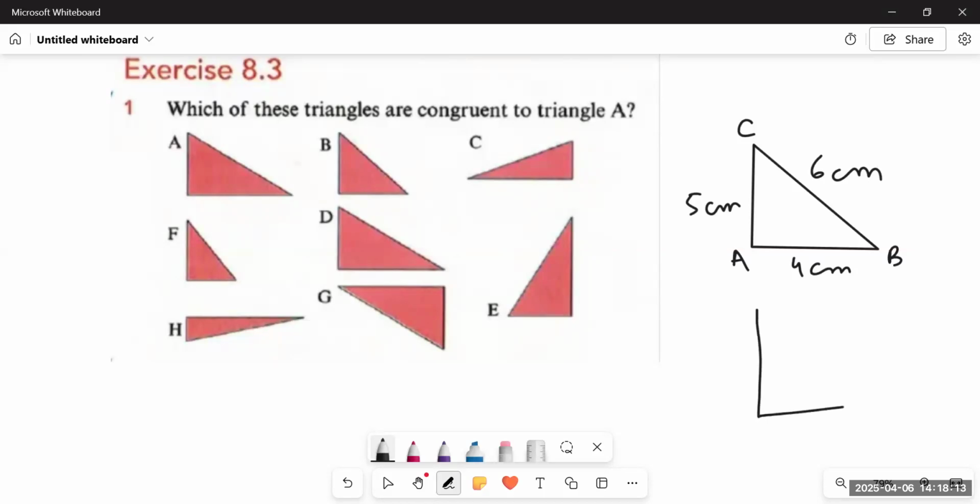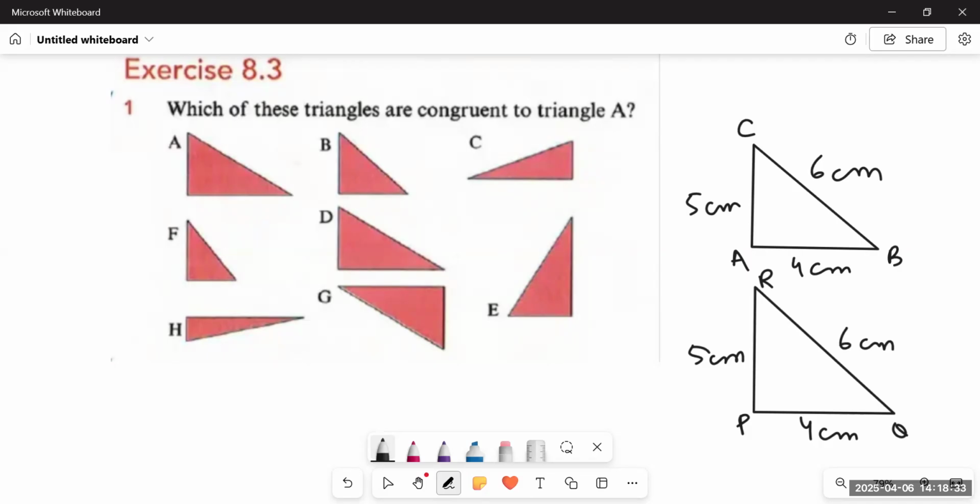And then I have one more triangle of the same sort, PQR. Again, PQ is 4 centimeters, PR is 5 centimeters, and QR is equal to 6 centimeters.